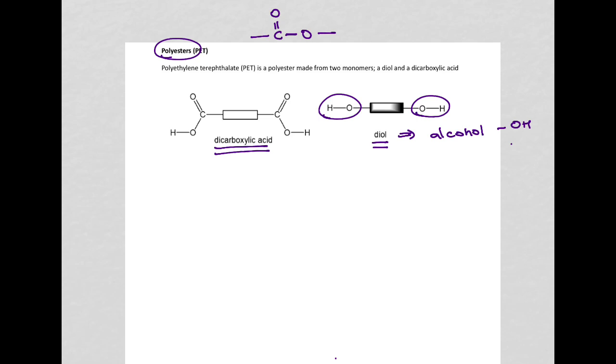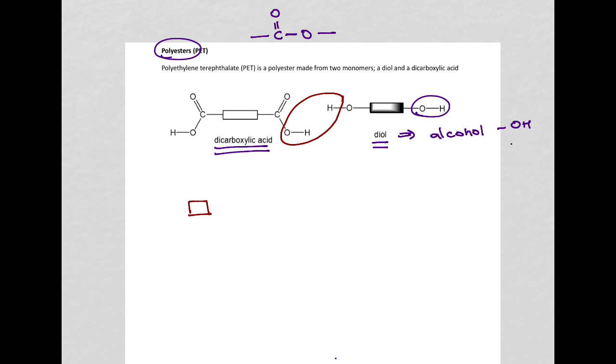So these two molecules will combine and you have the elimination of H2O. So H2O is liberated. So you can show the polyester. So I'm going to show it directly without showing the process.